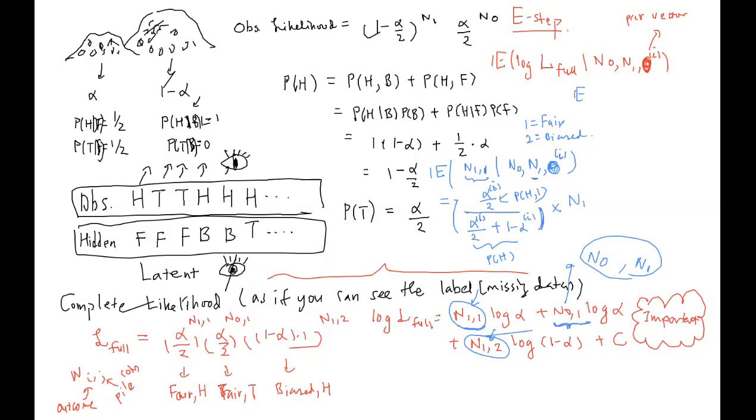The other expected value, for N12, conditioned on these two things, is basically, because it is the complement of the other, 1 minus alpha over this, times N1.